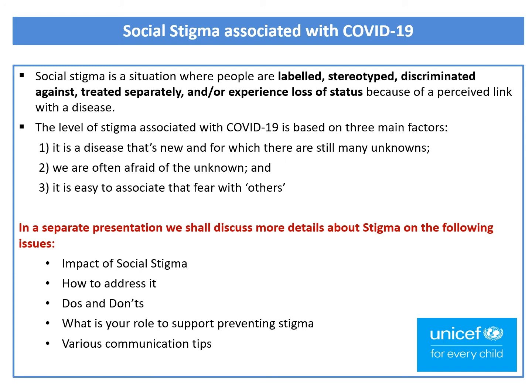So the level of stigma associated with the coronavirus or COVID-19 is based on three main factors. It is a disease that is new, so there's a lot that we don't know, and people have their own imagination around the disease. So we often are afraid of the unknown, and it is easy to associate that fear with others.